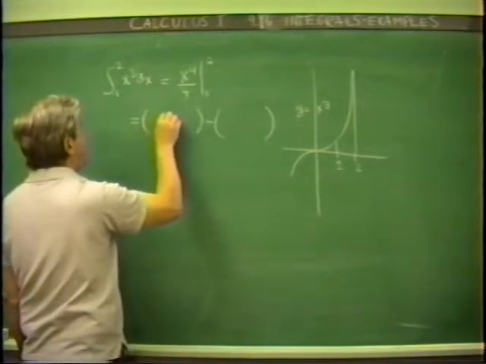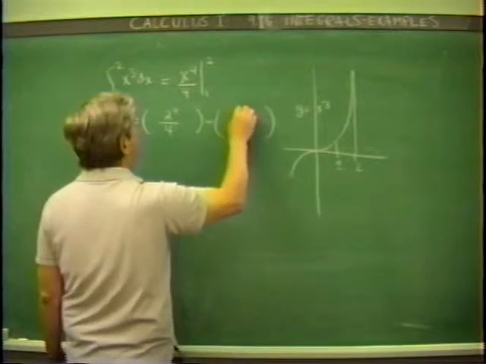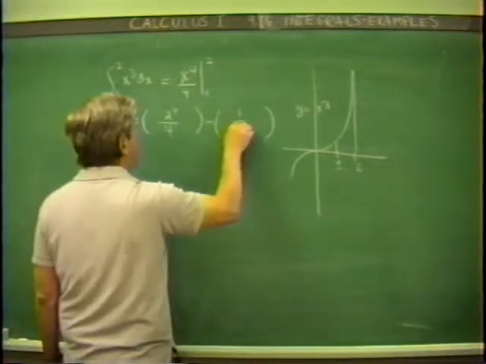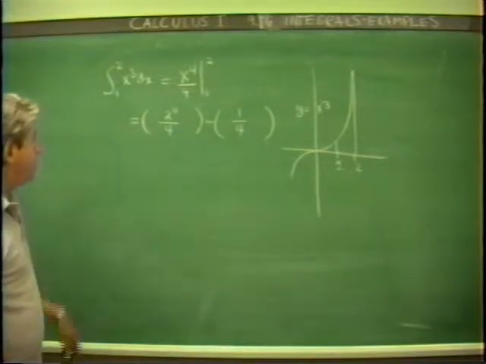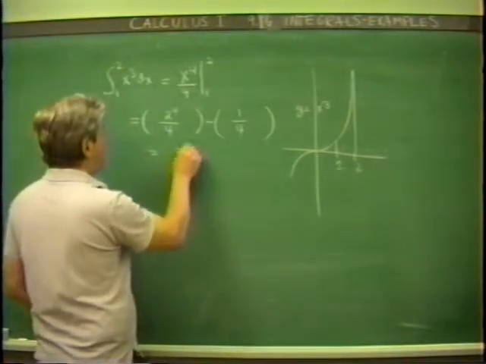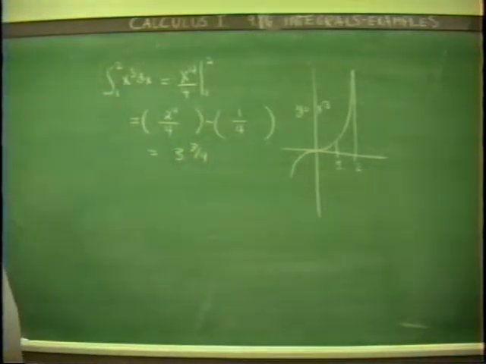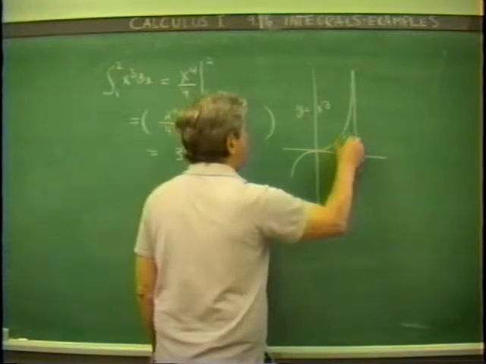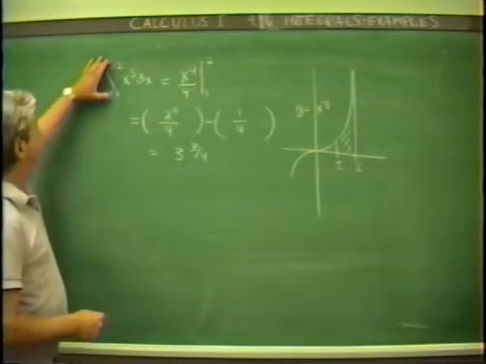In doing this, especially if whatever is here is complicated, it's a good idea to give yourself two parentheses with a minus sign in between them and put the value at 2 here, which is 2 to the 4th over 4, and subtract the value at 1, which is 1 over 4. So this is equal to 16 over 4 minus 1 over 4, which is equal to 3 3/4, or 15 quarters. So the area underneath here is 15 quarters.